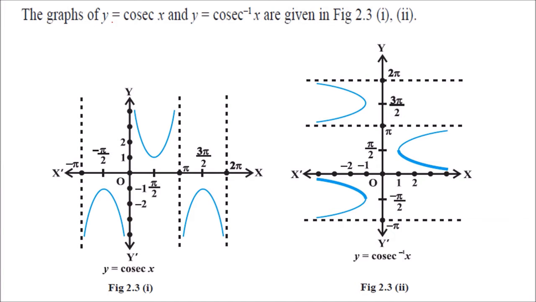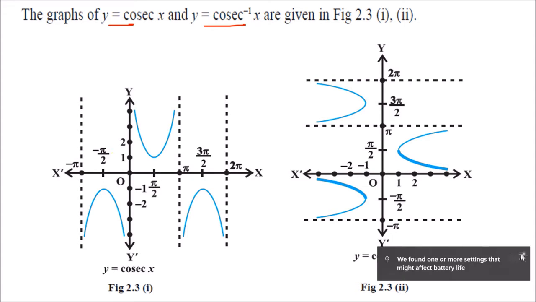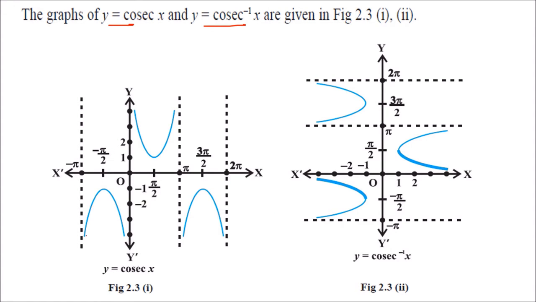So the graph of y equal to cosec x and cosec inverse x will be like the previous class. Now y equal to cosec x, this is the graph. Cosec inverse x is nothing but you just have to turn it 90 degrees. And we are talking about this from here to here, no 0. We are eliminating 0. We are not taking 0, from minus pi by 2 to this point, and from this point to pi by 2, except this 0.